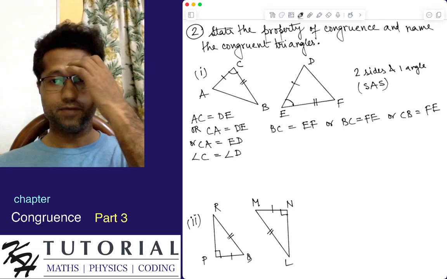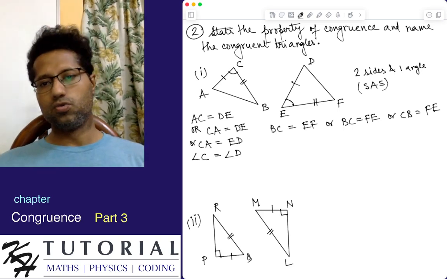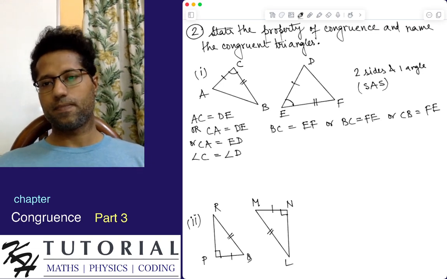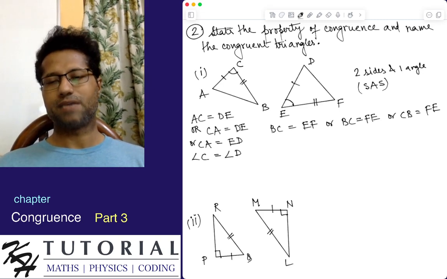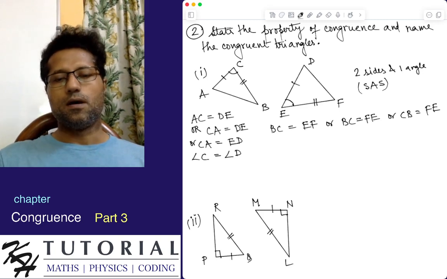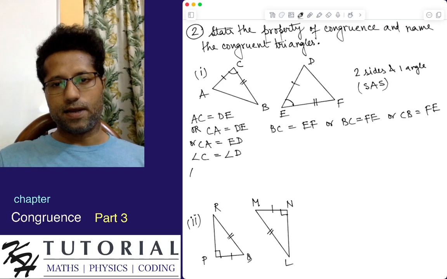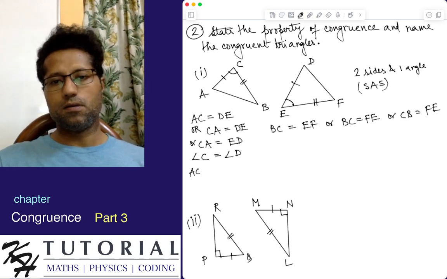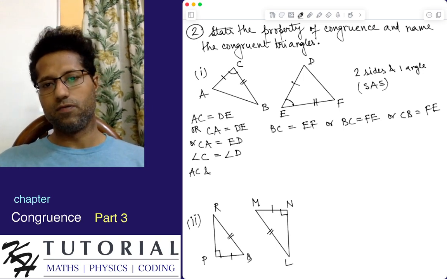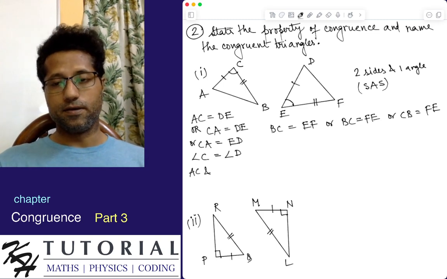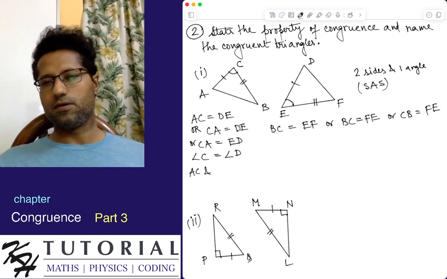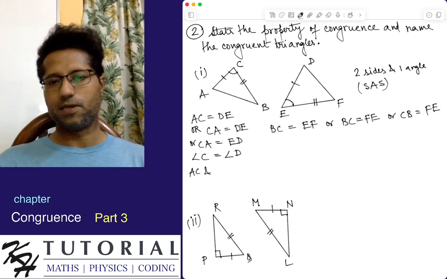Now since in this figure of given congruent triangles, we can see that the two corresponding sides are equal, and one corresponding angle is equal. You know that in establishing congruence of two triangles, we need three pairs of matching parts.